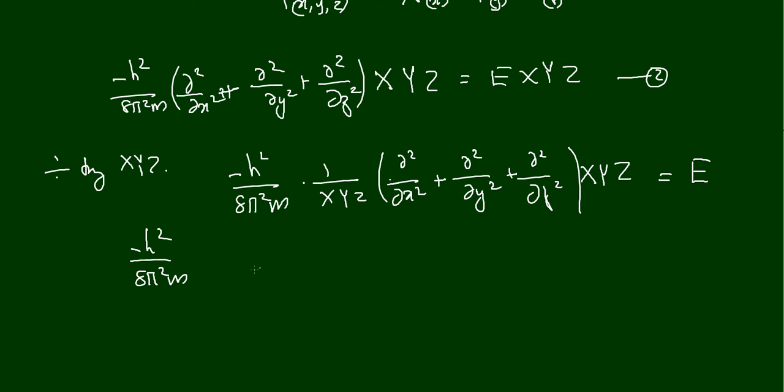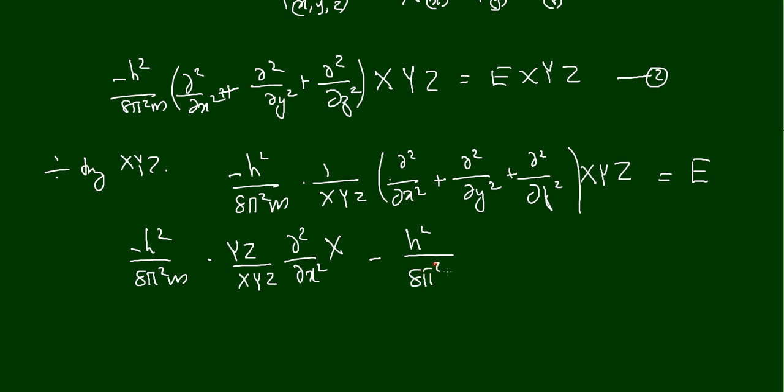So I can write YZ divided by XYZ, into dou square X by dou x square. I hope you understood. I operated this operator on XYZ, and I get YZ into dou square X by dou x square.